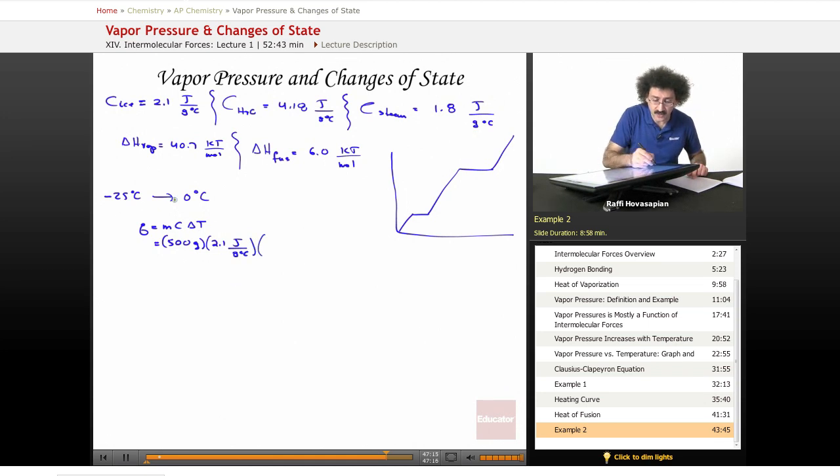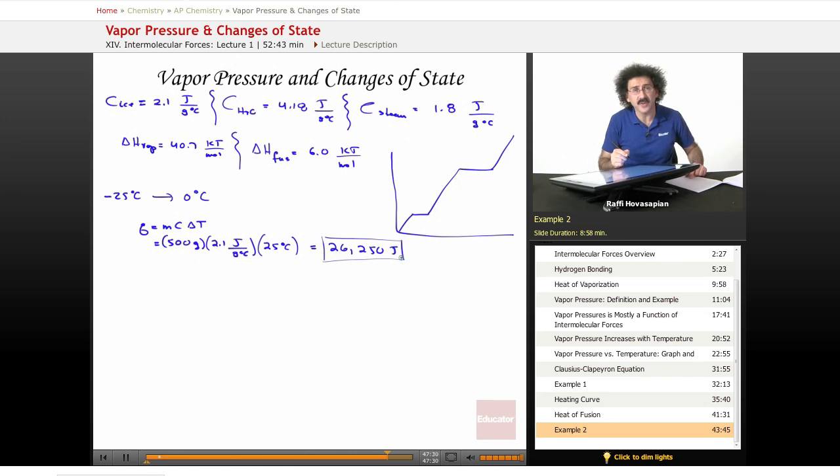The change in temperature, negative 25 degrees to 0, is 25 degrees Celsius. When we calculate this, we get 26,250 joules. That's our first calculation. It takes 26,250 joules to raise the temperature of 0.5 kilograms of ice to 0 degrees Celsius. We haven't actually converted it yet.